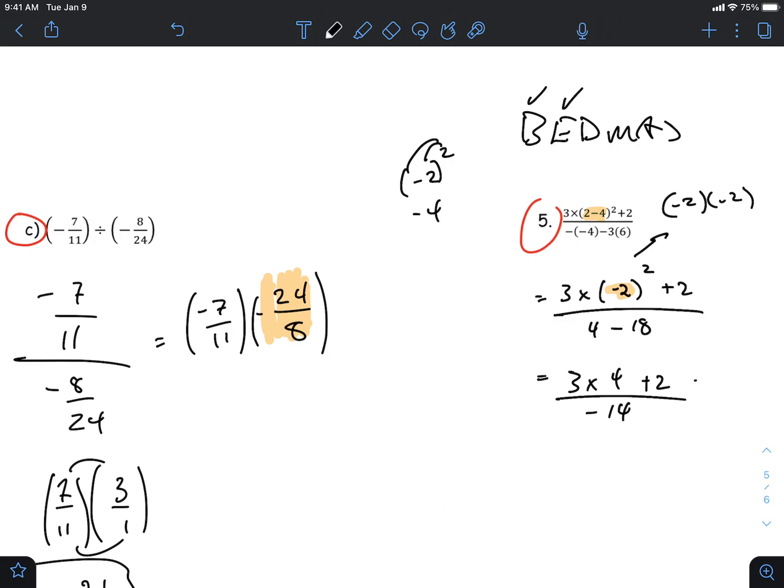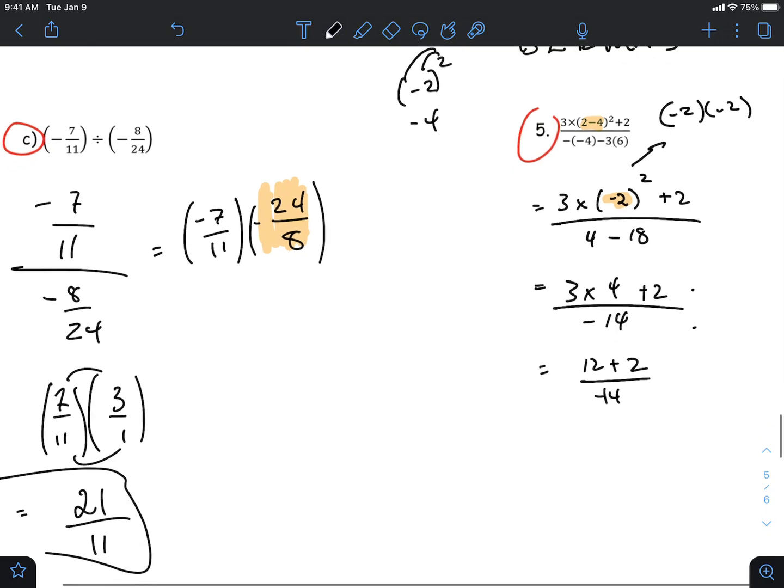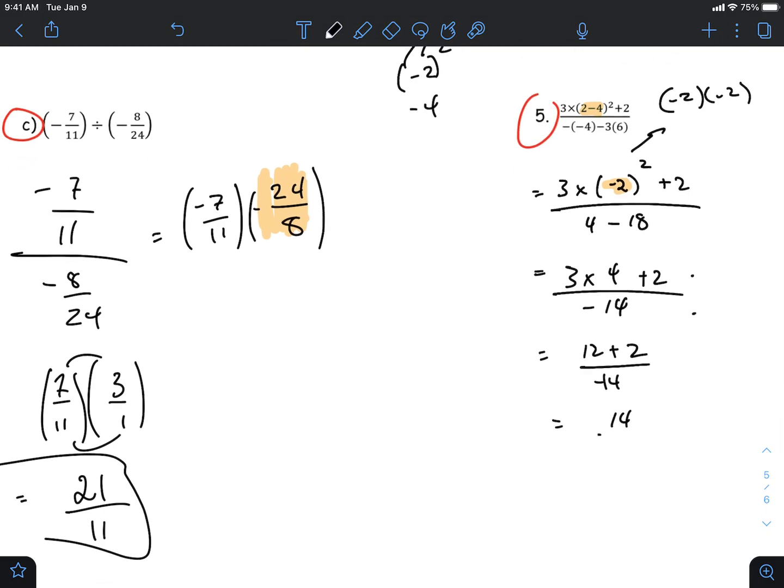Remember, I'm still treating these as two separate entities, so I don't see any division in the top. So I'm going to do the multiplication. So I'm going to get 3 times 4 would be 12 plus 2 over negative 14. Oops, missed a number. So we get 14 over negative 14, which is negative 1.